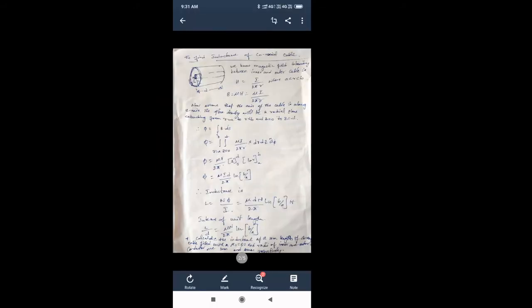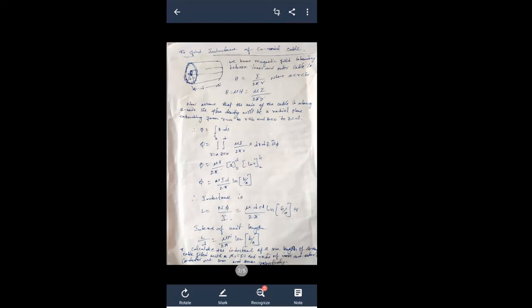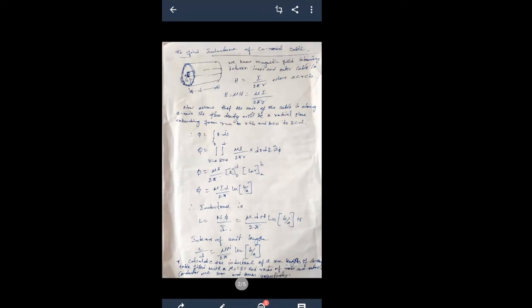All of you can see the coaxial cable. The coaxial cable has two conductors, an inner conductor and an outer conductor.